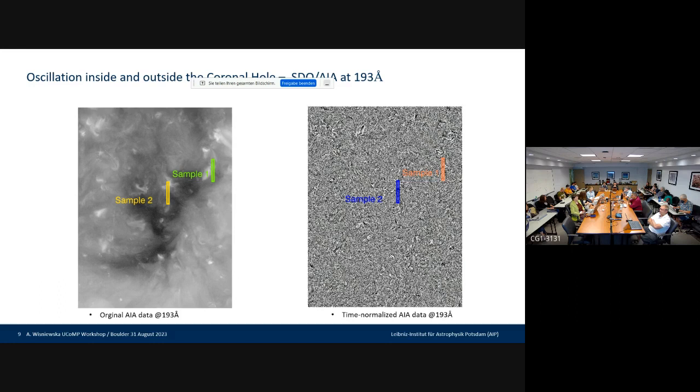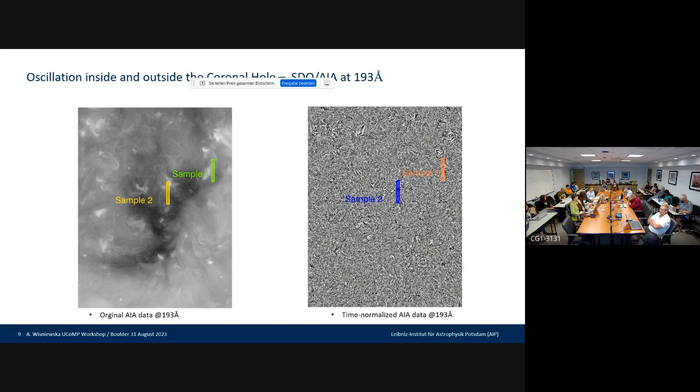But I was also interested in particular oscillations. So I thought that maybe it would be worth setting up some boxes and measuring how the plasma is behaving in this location. So here, again, on the left-hand side you have the original data, and on the right-hand side you have the time normalized AIA 193 angstrom.